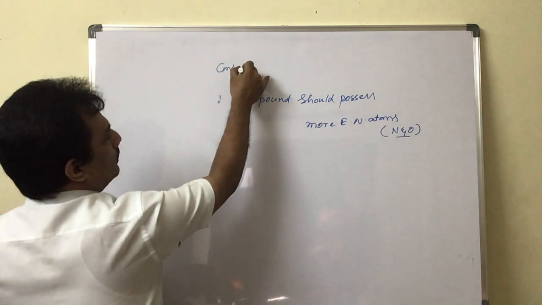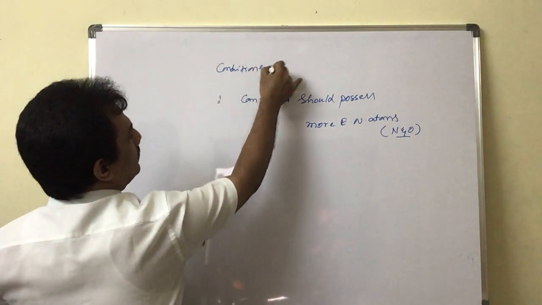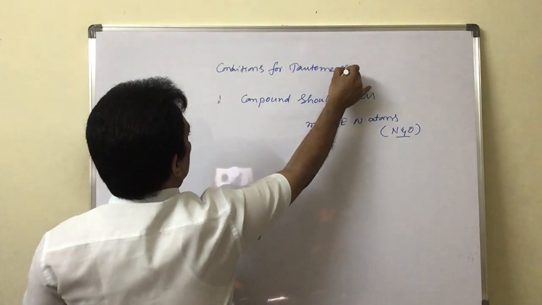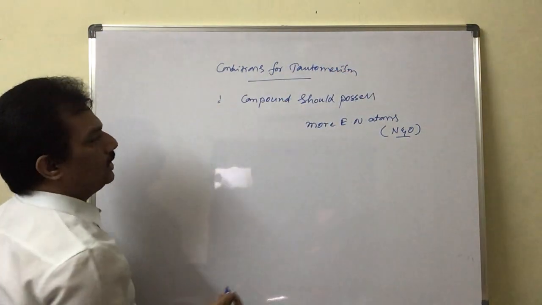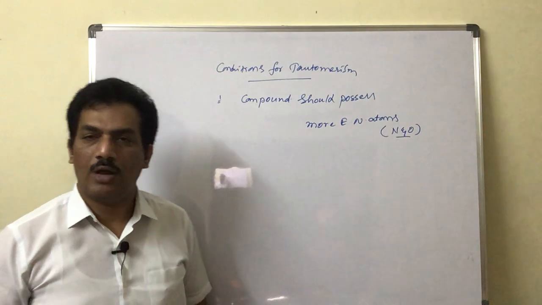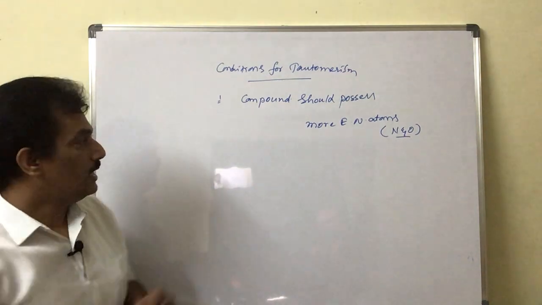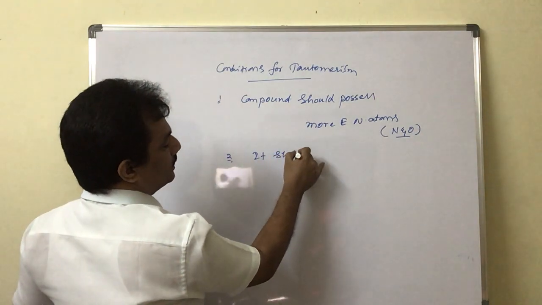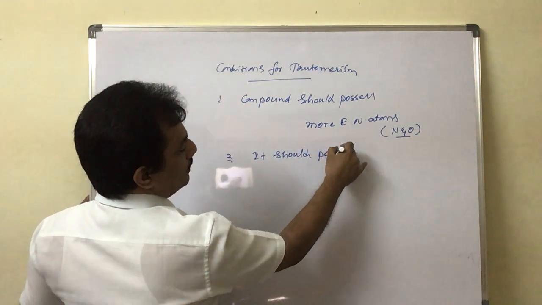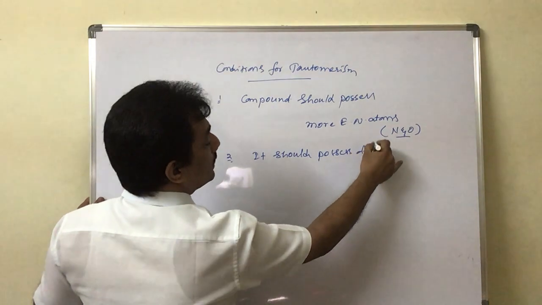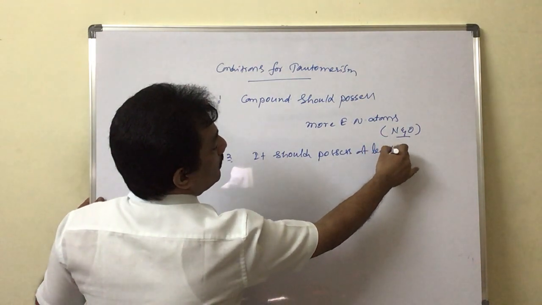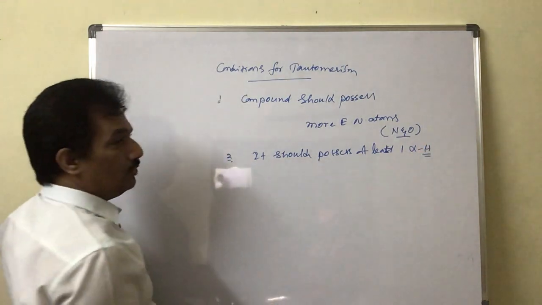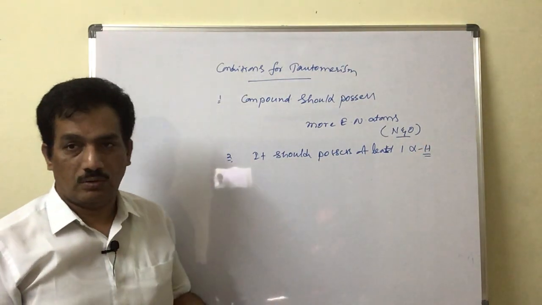And second, it should possess at least one alpha hydrogen. If there is no alpha hydrogen, there is no tautomerism.